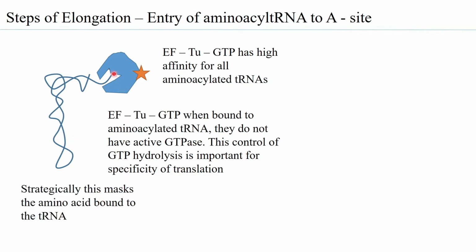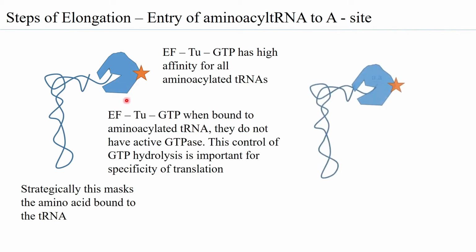Also, strategically, the amino acid present at the 3' end of the tRNA is masked by the EF-GTP. Until the EF-GTP is released, the amino acid is not available for forming a peptide bond. Only when the EF-GTP is released is the amino acid free to form a peptide bond. So this is another regulatory phase of EF-GTP.